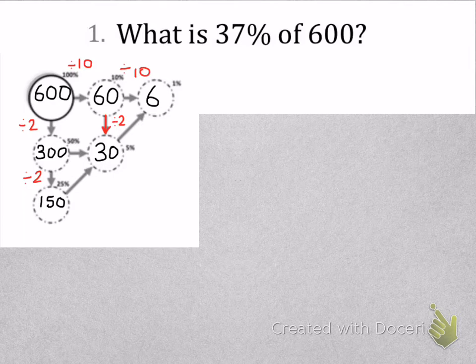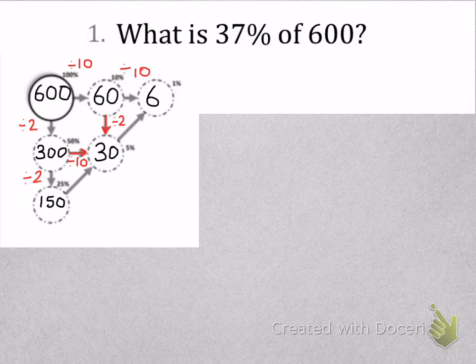And then I can do a quick check to make sure I haven't gone wrong with my calculation by doing this arrow here. To move from 50% to 5%, I have to divide by 10. And 300 divided by 10 is 30. So that's good. I know that I've done all of my calculations correct.